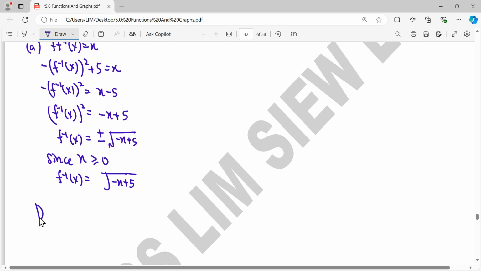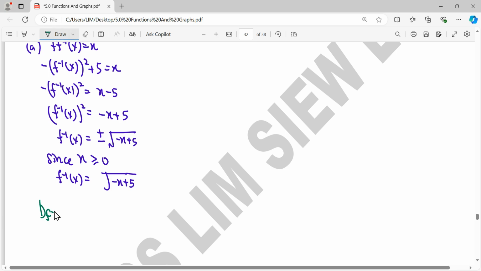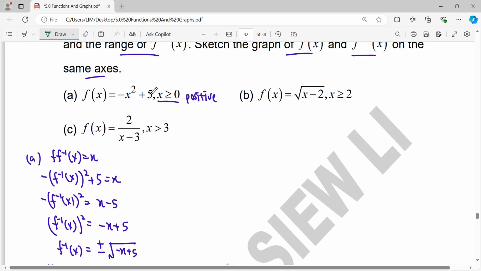So the domain of the f inverse refers to the range of the function. Then the range of the f inverse refers to the domain of the function. So look at the function here, quadratic. Quadratic originally is not a special case in domain, it will be negative infinity to infinity.